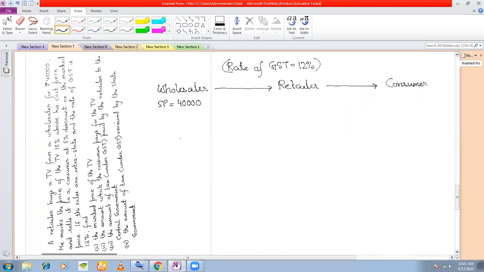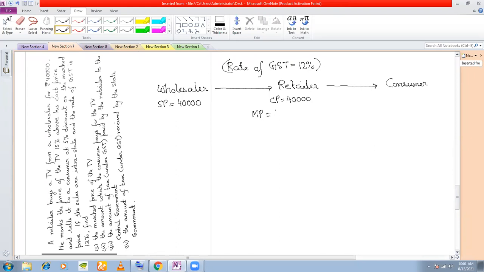Now, after the retailer has bought, he marks the price of the TV 15% above his cost price. What is his cost price? His cost price is 40,000. And he marks this 15% above the cost price.